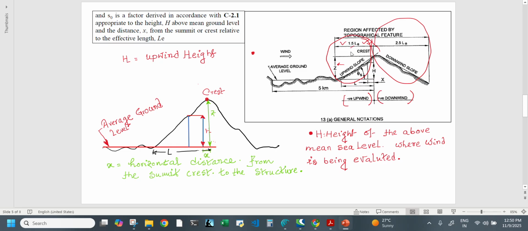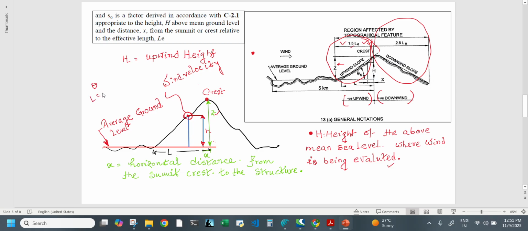We already know that for the upwind direction the maximum distance of influence is 1.5 LE and for downwind 2.5 LE, and Z is the height, and h is the appropriate height above the mean sea level where the wind is being evaluated. That means crest height is Z. At this point wind velocity is evaluated, and L is the radius of influence, from where we will get it.